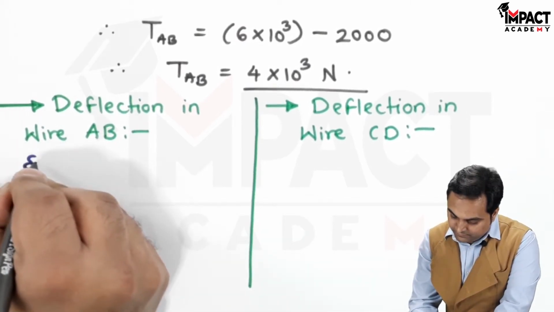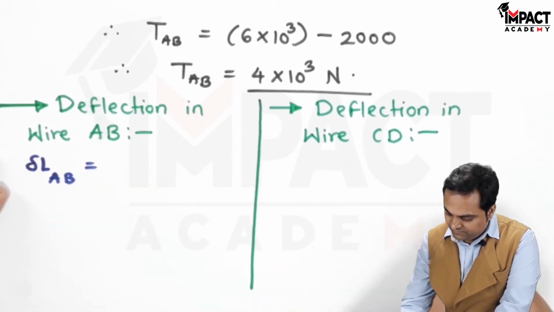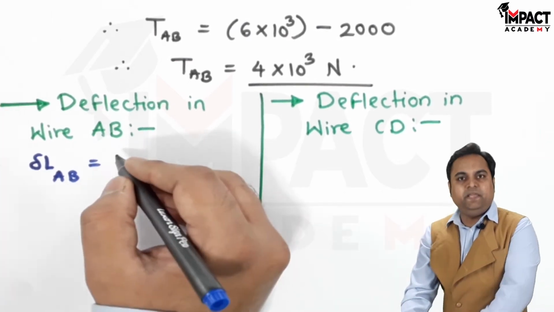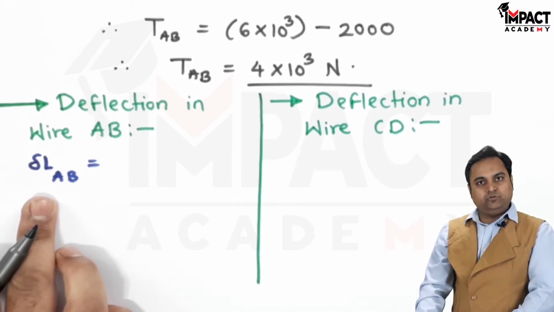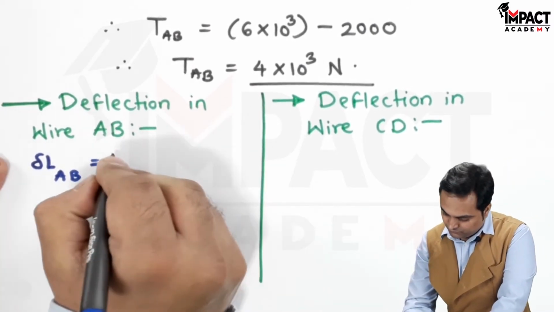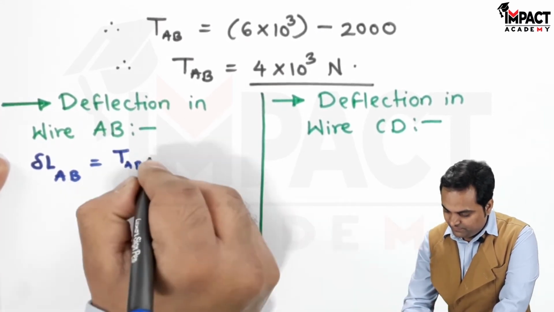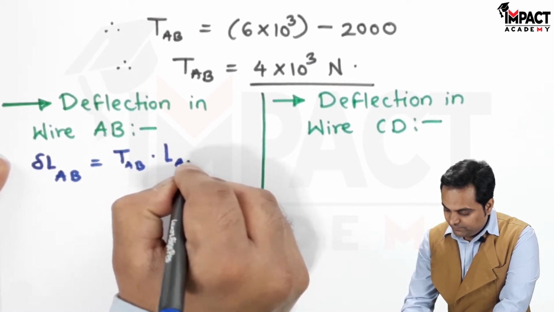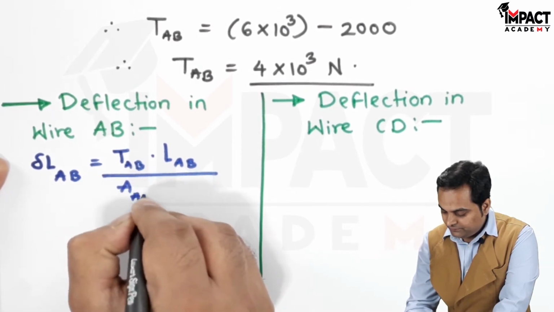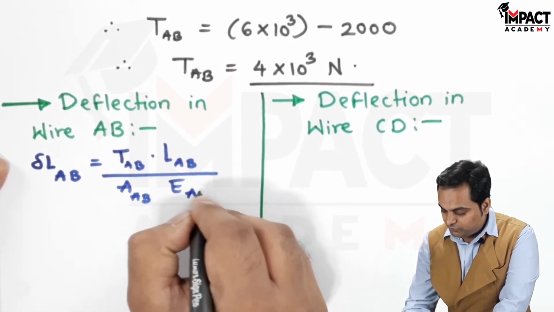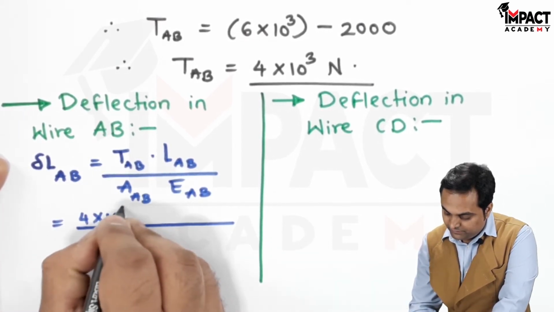Deflection in AB denoted by delta L suffix AB. It is given by the formula, basically PL upon AE, where P is the amount of load. In AB the amount of load or force is TAB. So the formula would become TAB into length of AB upon area of AB into the Young's modulus of portion AB. TAB is 4 into 10 raised to 3.